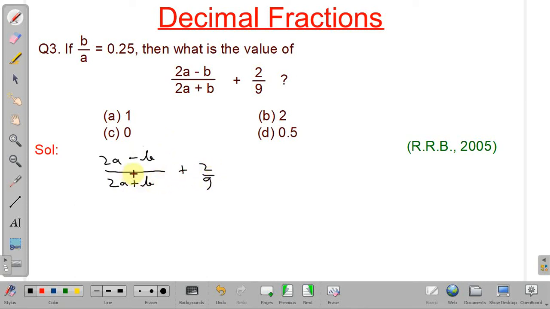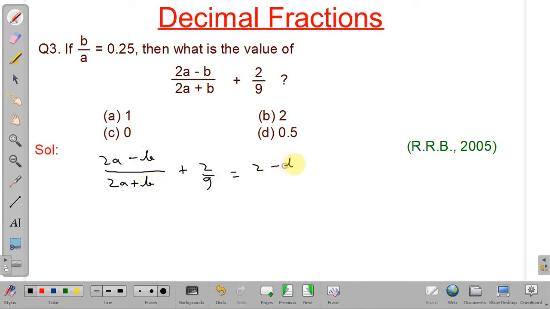As we don't know the value of a and b individually, but we know the ratio of b by a. So if we divide the numerator and denominator of this fraction, then we will get it in terms of b by a. So we have to divide numerator and denominator by a.